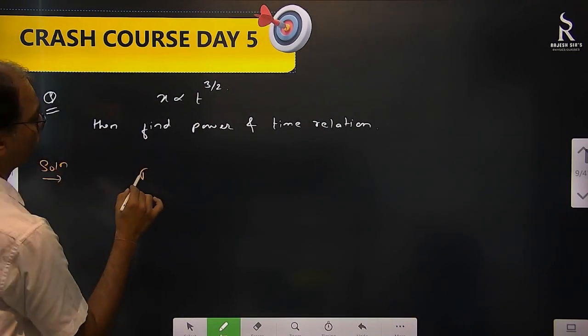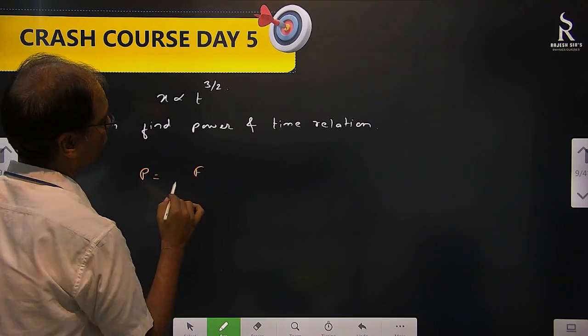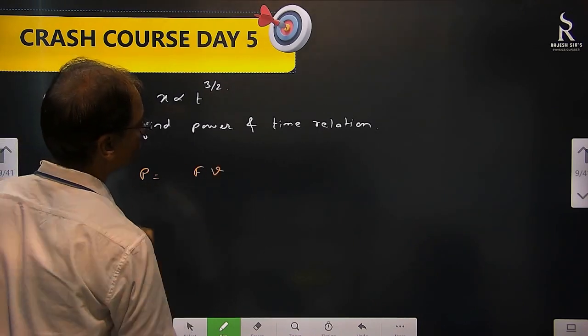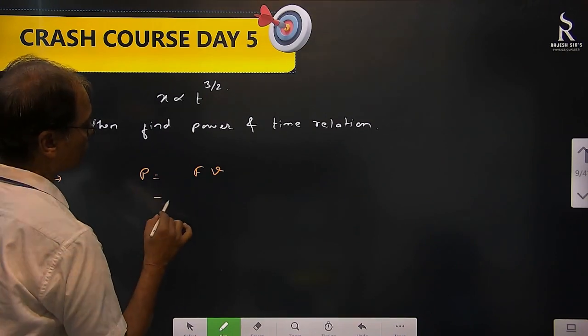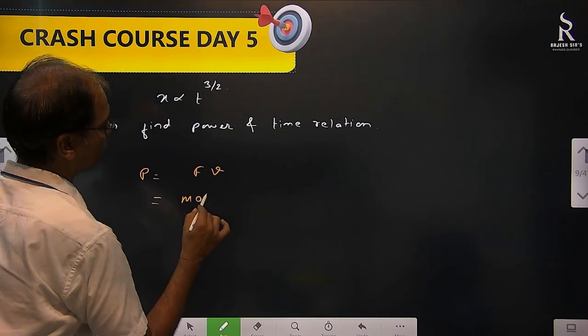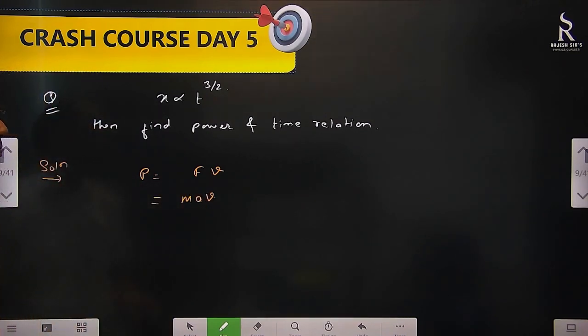Now, power is force into velocity. This force we can write as mass into acceleration, if it is the net force.